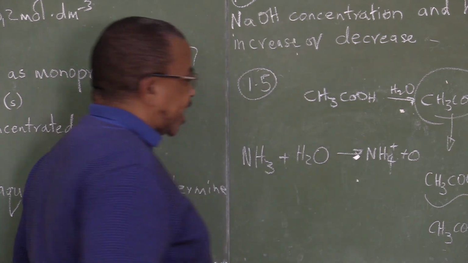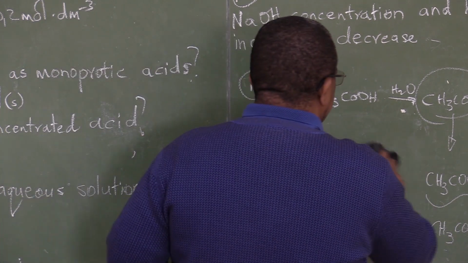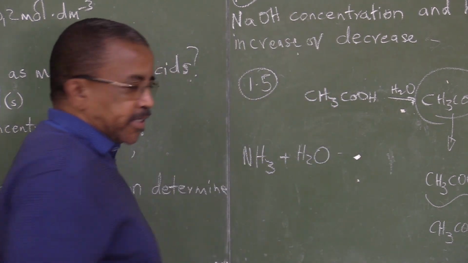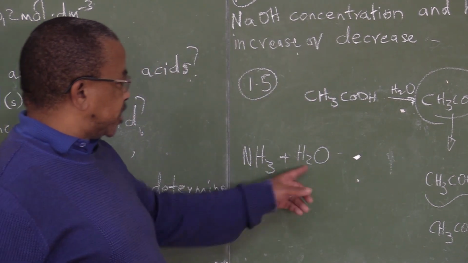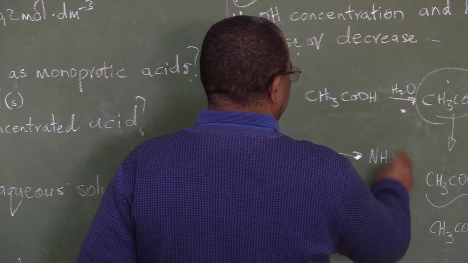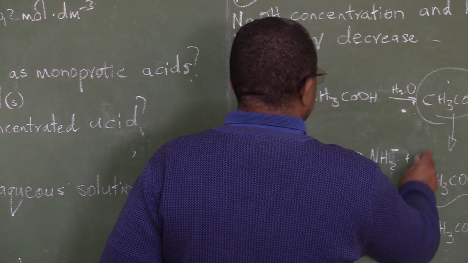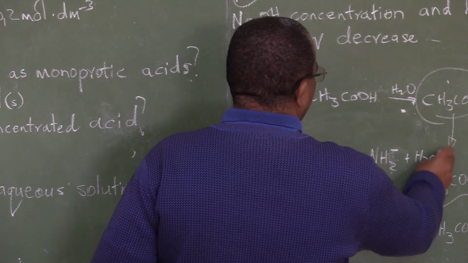In fact, NH3, it's a stronger acid, beg your pardon, NH3 it's a stronger acid. It will donate H plus in water, then it will form NH2 minus, and then we'll have H3O plus.